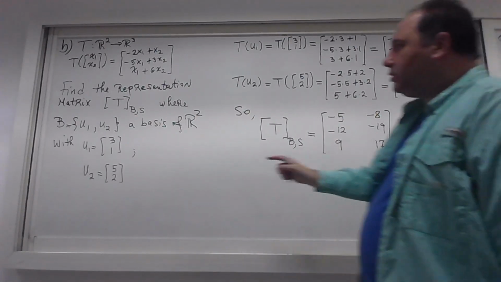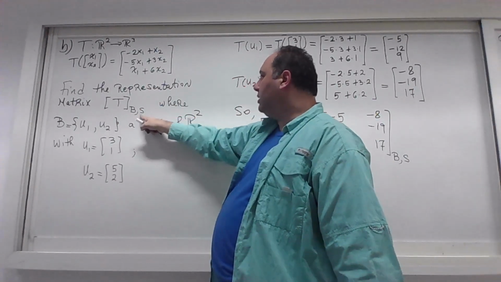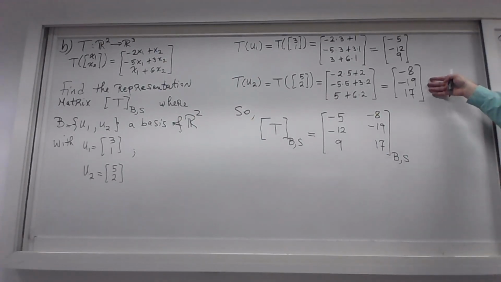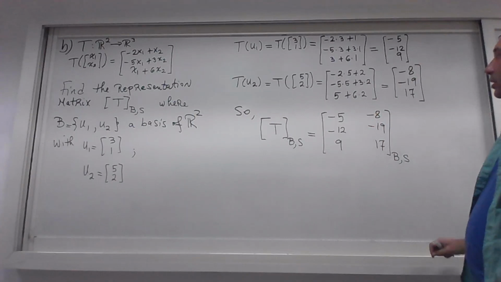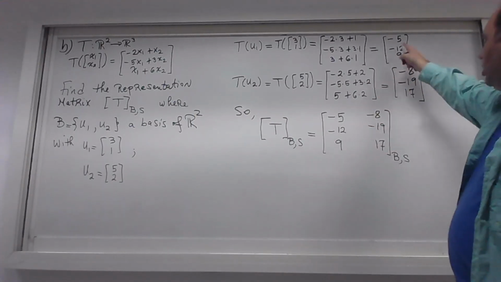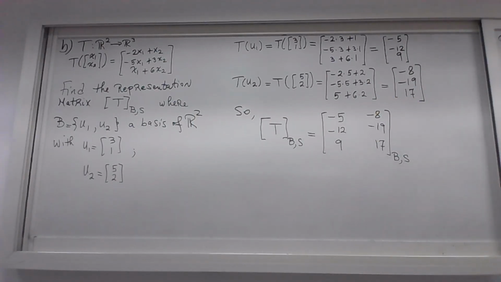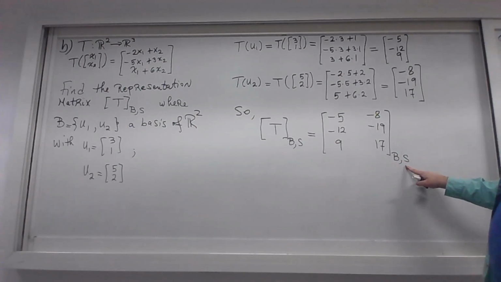Now, since we are asked to produce the representation matrix relative to basis B for inputs and the standard basis for outputs, we already know that each object, each vector in R3, is equal to the vector of its coordinates in the standard basis. So we just copy these in correct order, right? The image of the first one in the first column, the image of the second one in the second column. So we got the representation matrix relative to basis B for inputs and the standard basis for outputs.